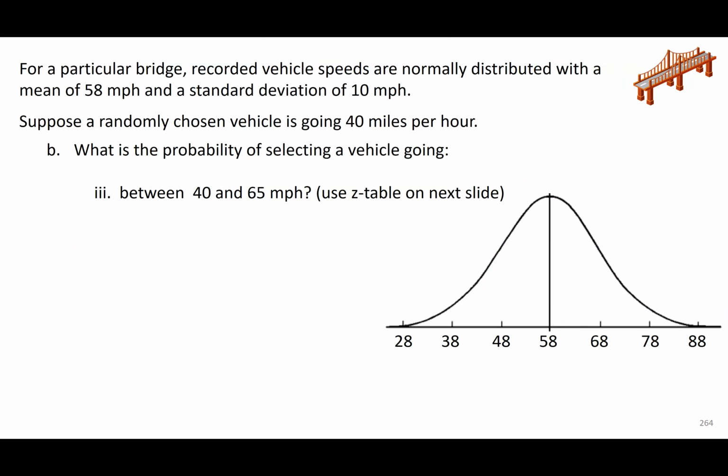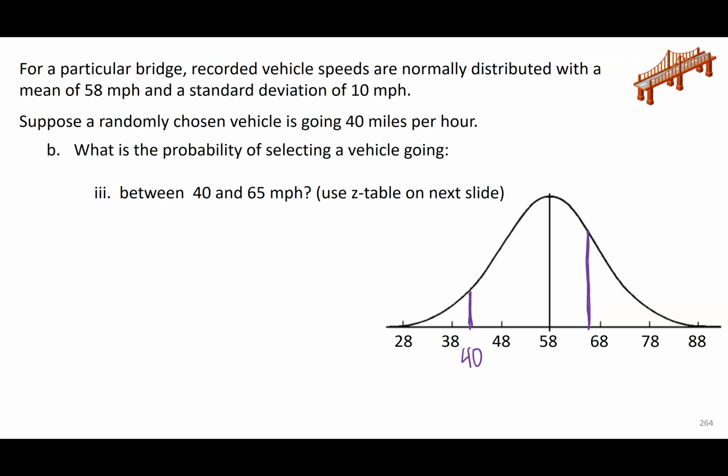So now, the trickiest follow-up one we've had so far was the probability of selecting a vehicle going between 40 and 65 miles per hour. So I'm going to go ahead and draw here. So 40 miles per hour and 65 miles per hour.